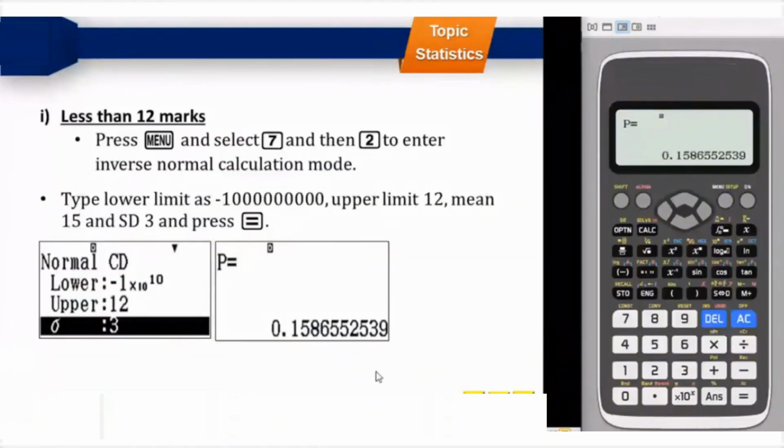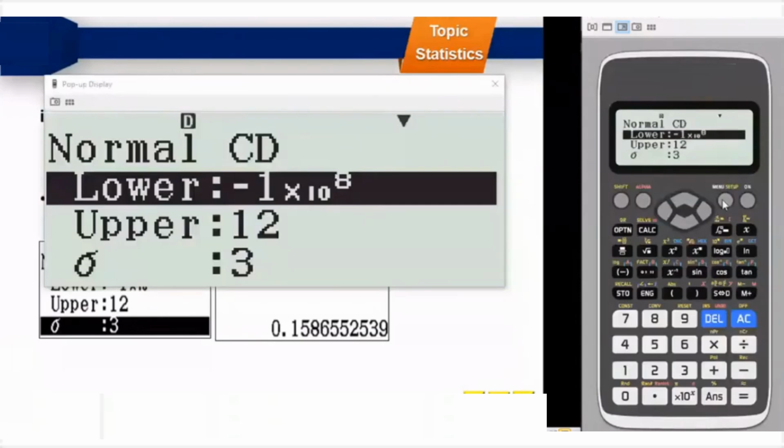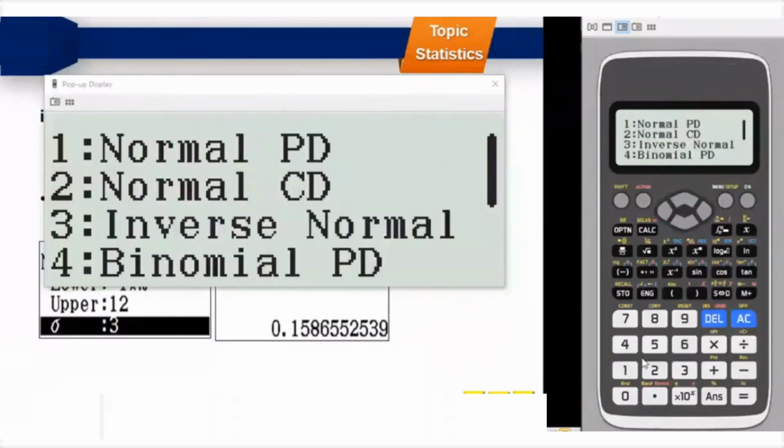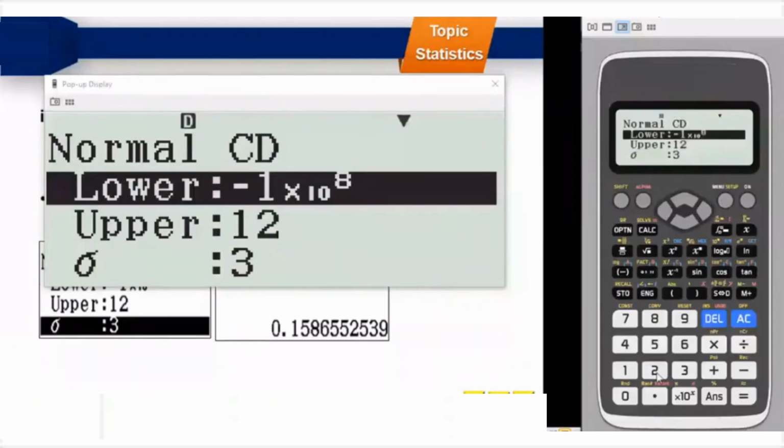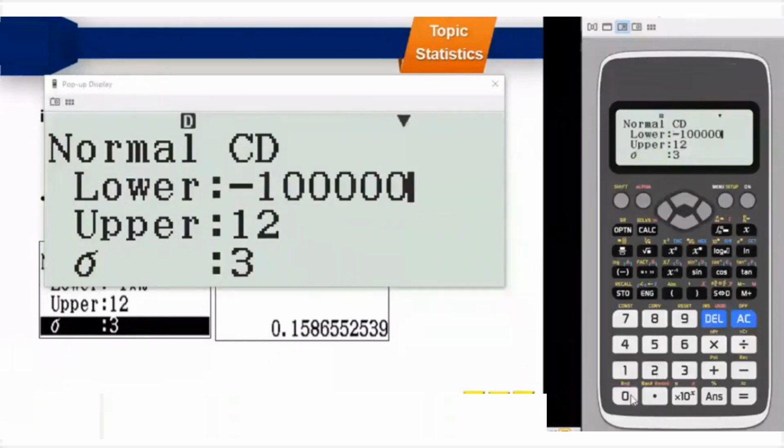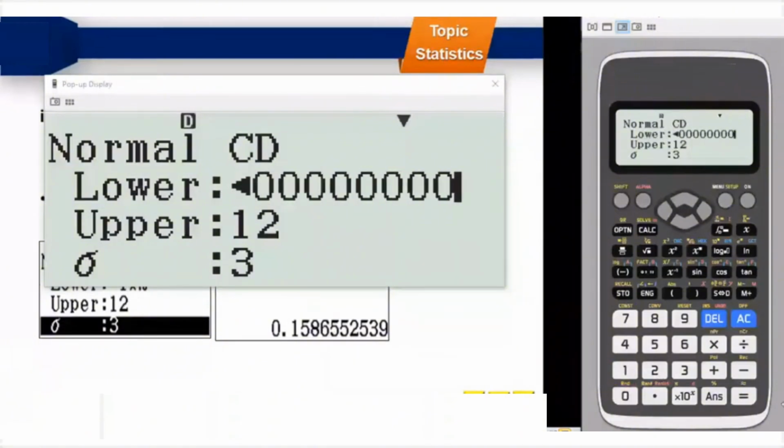I will repeat the process. I press menu 7. I press 2 for normal continuous distribution. Lower value, I insert minus 100,000, 1 million, 1 trillion, whatever you feel like. That does not make a difference. It has to be a sufficiently low value. Upper value is the maximum value.